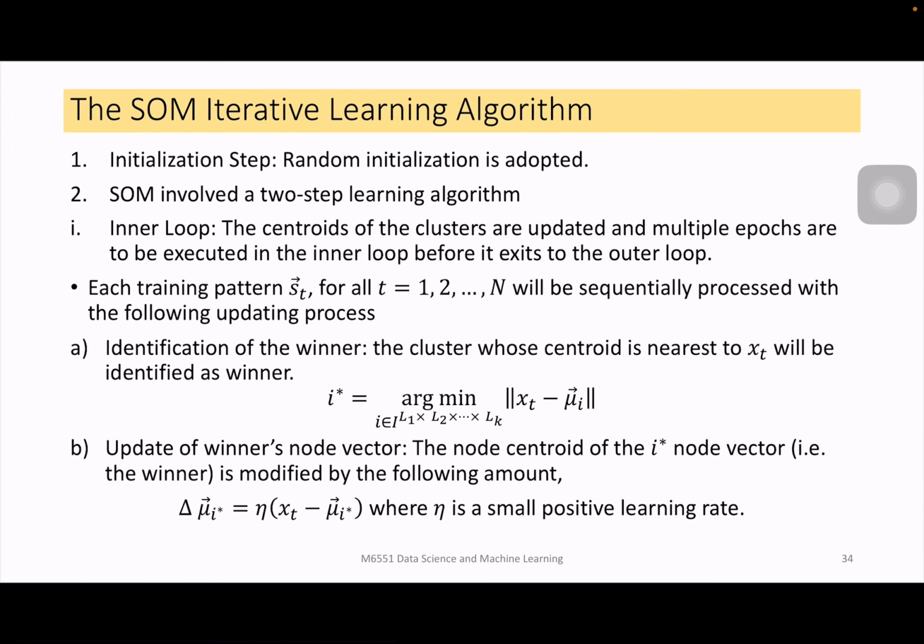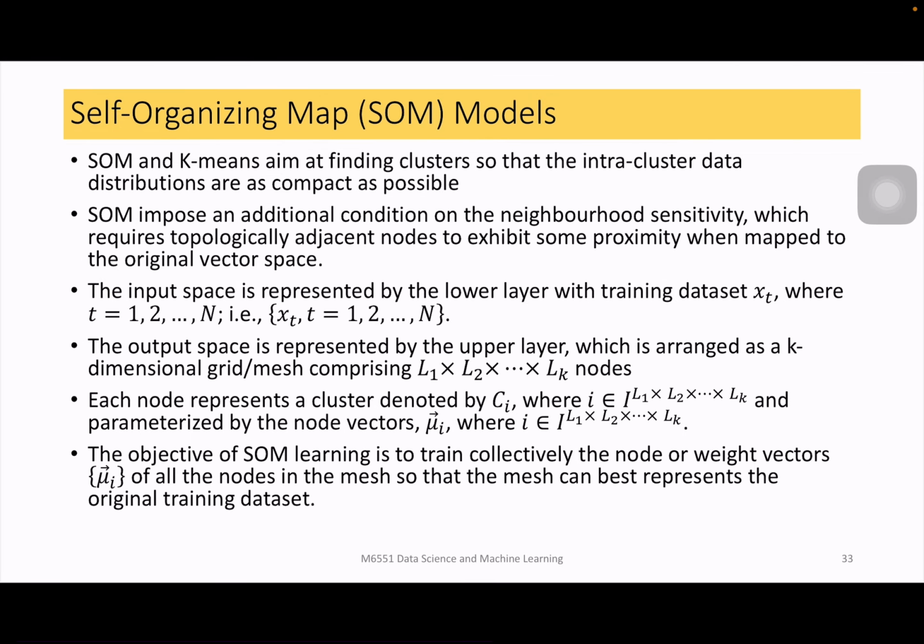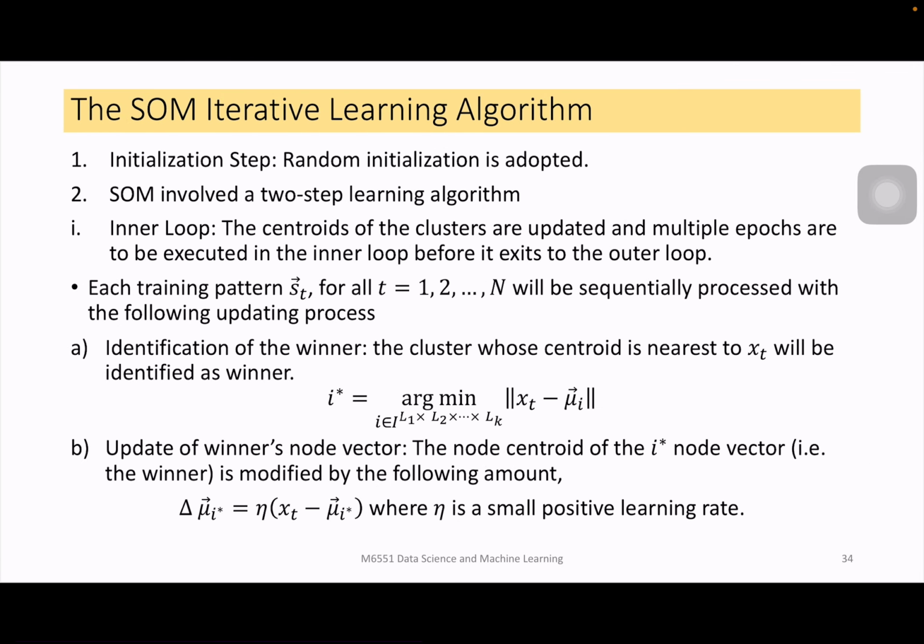The SOM initial state is randomly initialized. SOM involves two steps in the learning algorithm. In the inner loop, the centroids of the clusters are updated, and multiple epochs are executed in the inner loop before it exits to the outer loop.